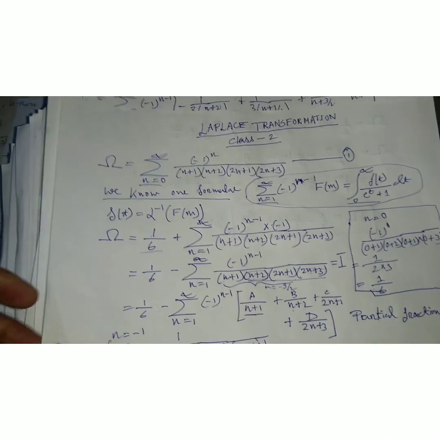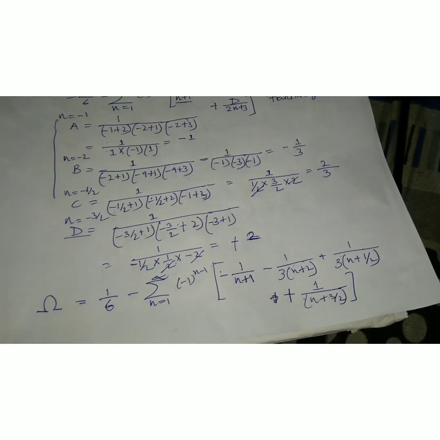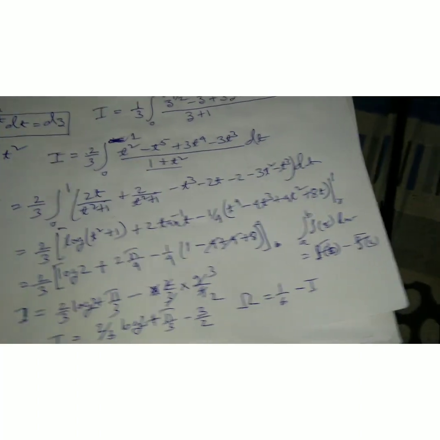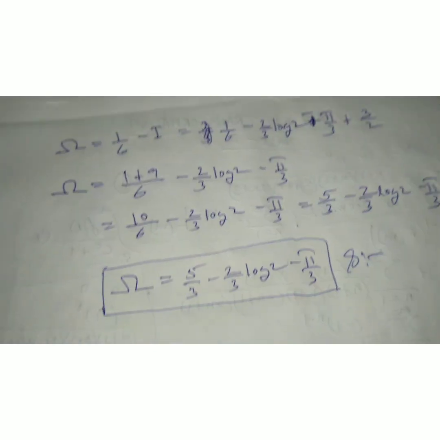After that, the second page. This is the first page. I find out the a, b, c values by partial fraction, and after that I am solving this way. After that you get this answer.